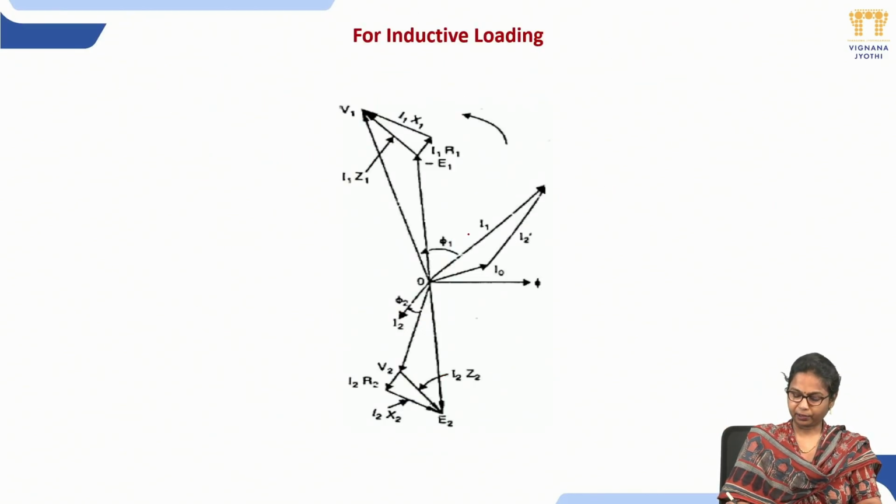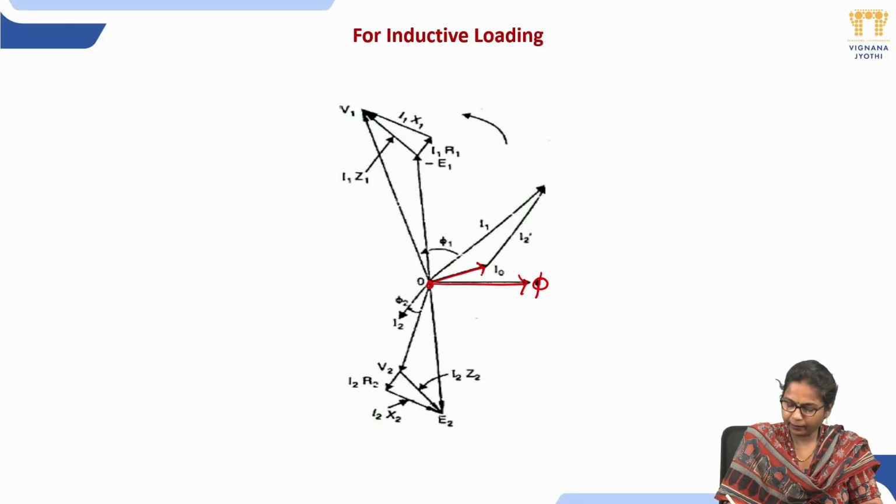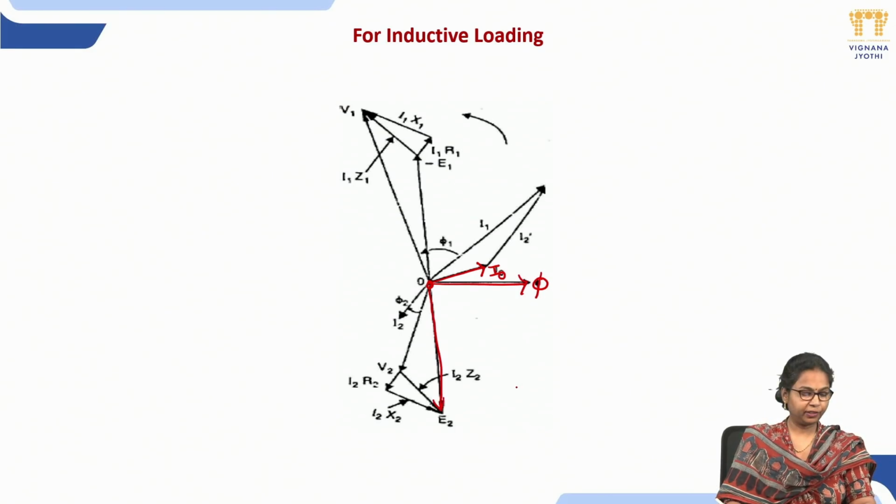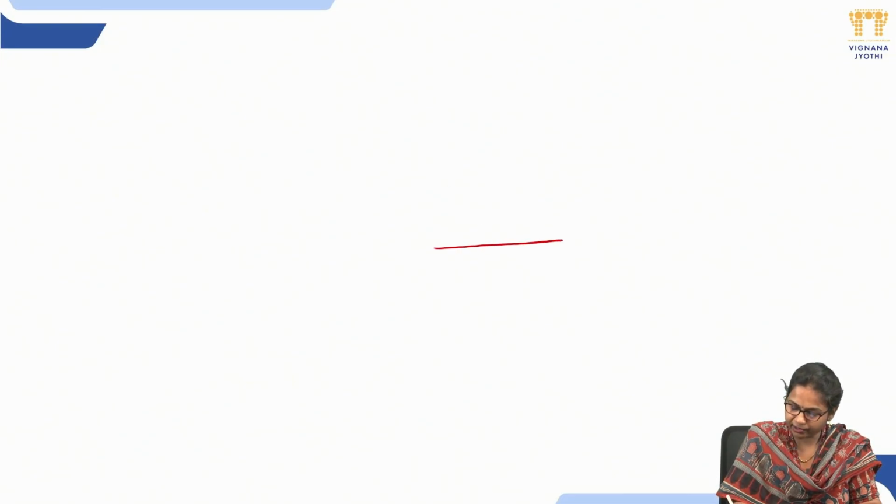Let us consider an inductor loading. Here we consider the flux as reference, and the no load current I0, and this is our E2. The first point to be considered is the flux as reference.